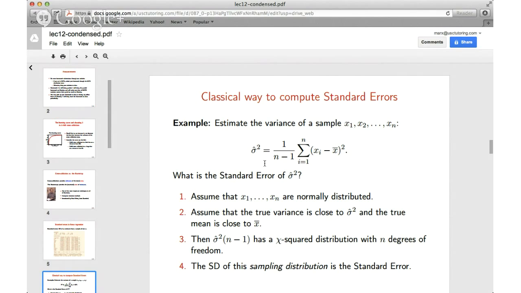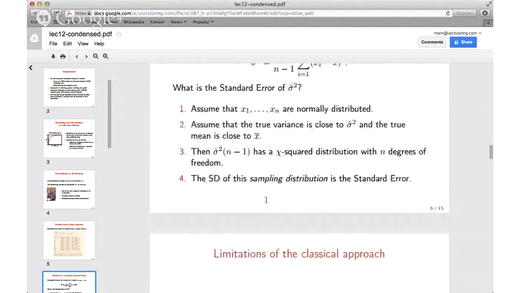You would assume that the true variance is close to the estimated variance, and the true mean is close to the estimated mean, and you also assume that (n-1) times the sample variance over the true variance has a chi-squared distribution with n-1 degrees of freedom. The standard deviation of this sampling distribution is the standard error, right? So how much is the deviation? That is the standard error.